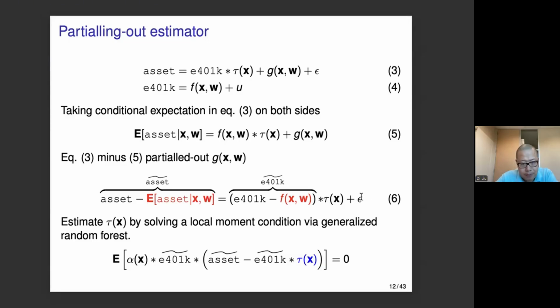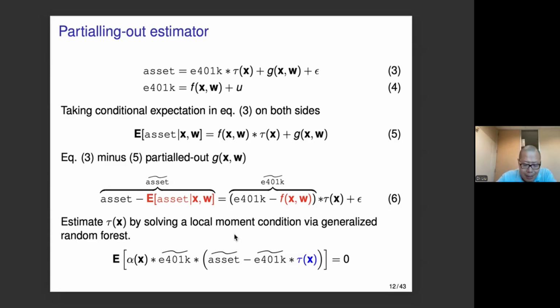Now we can estimate tau(x) by solving local, conditional moment conditions. They are local because tau(x) is no longer a single scalar parameter. Instead, it's a function, so the moment conditions for tau(x) should depend on the value of x.